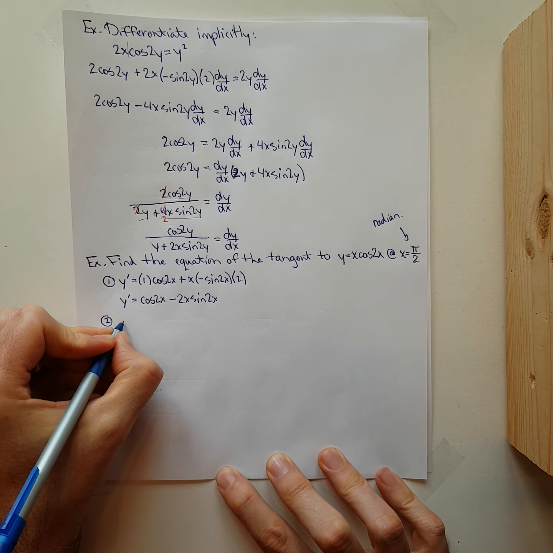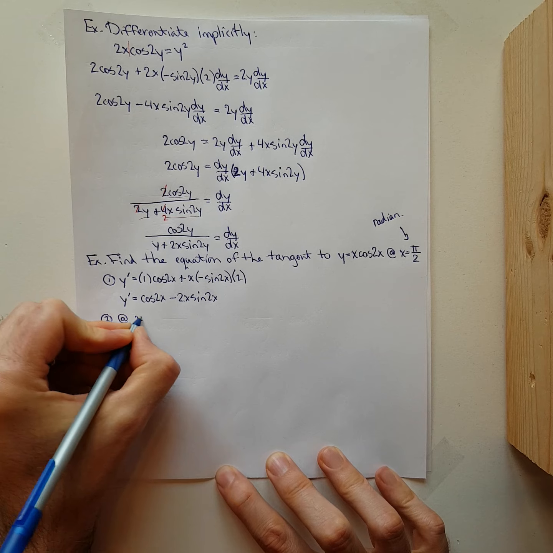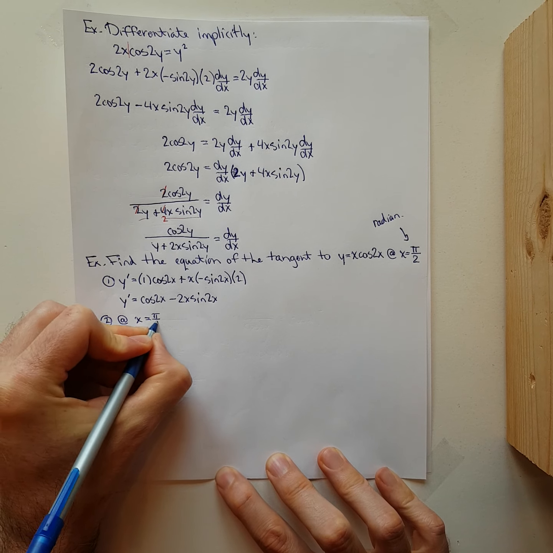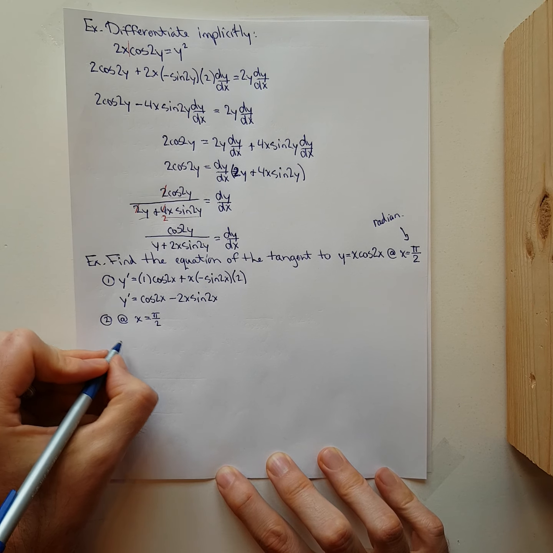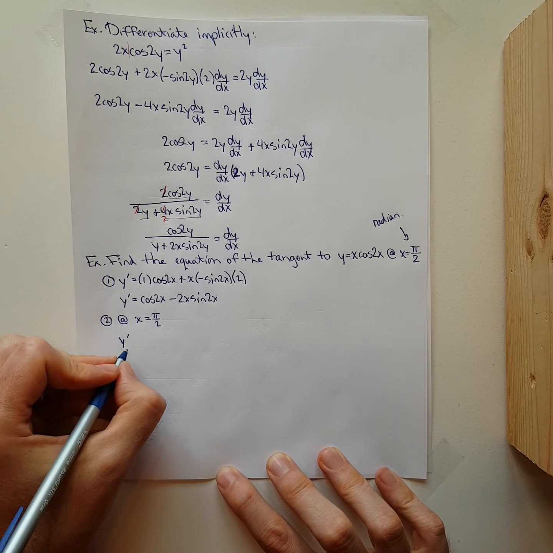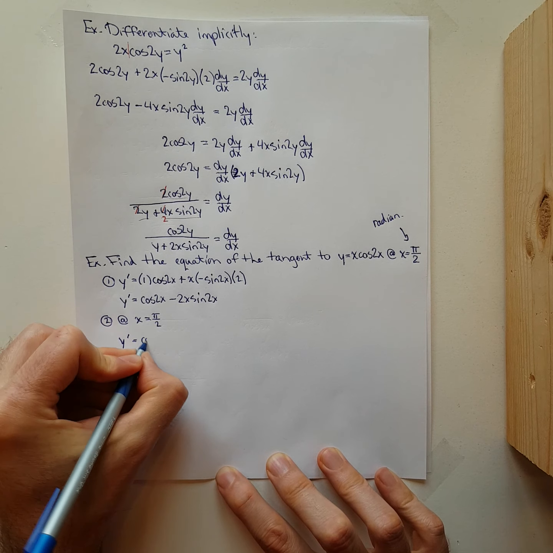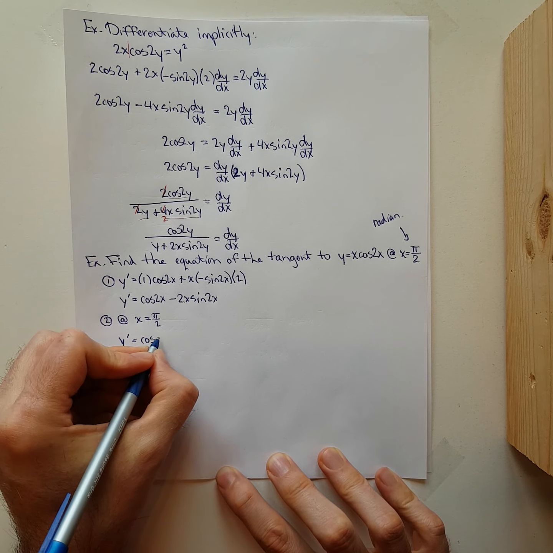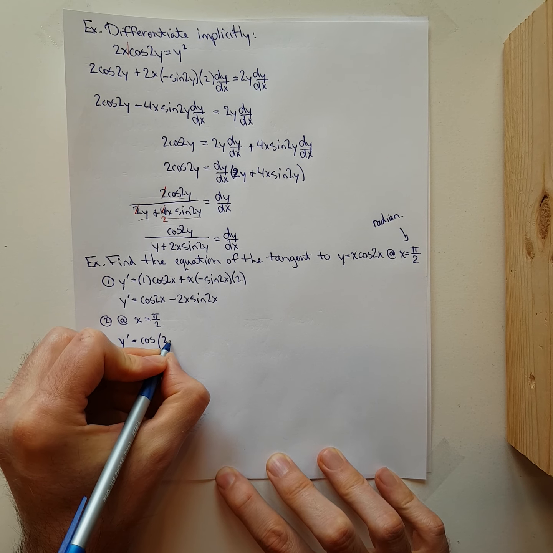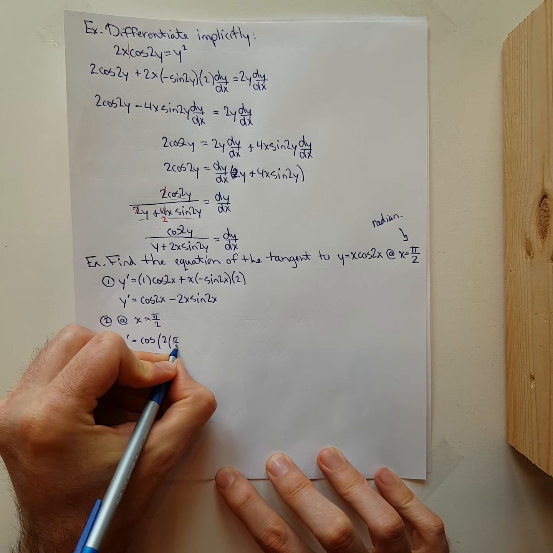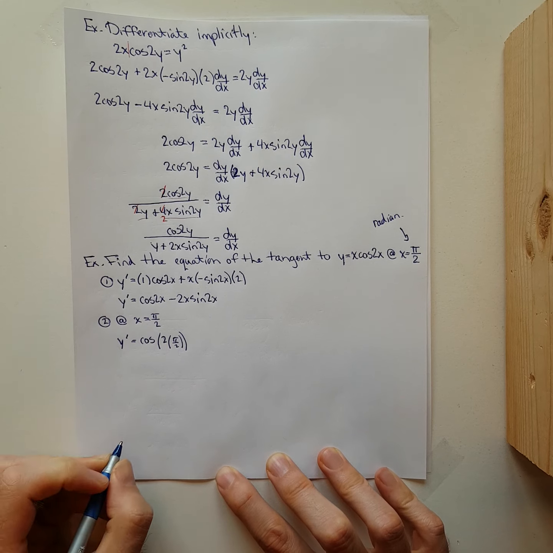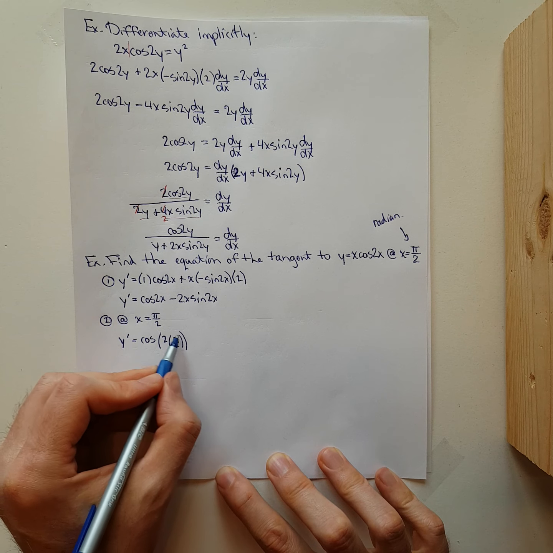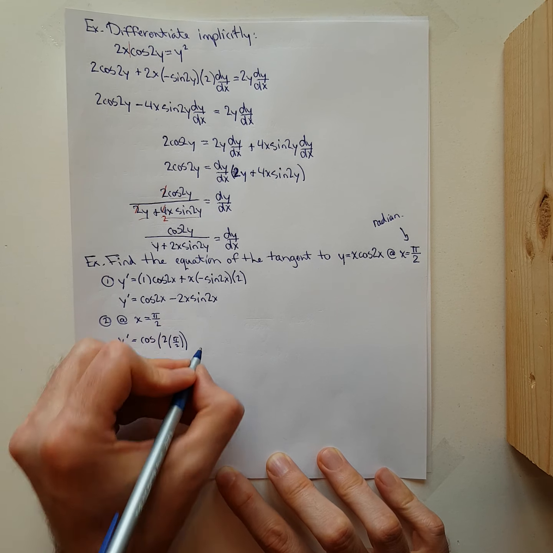Step 2, we're looking at then at the point when x is pi over 2, we would have then y prime is equal to the cos of 2 times pi over 2. Be careful as we write this, that this is all our angle here.